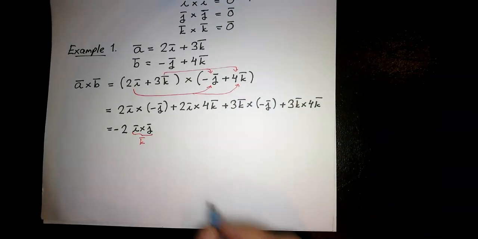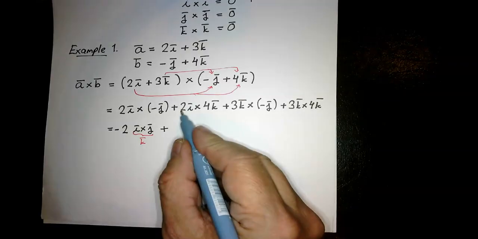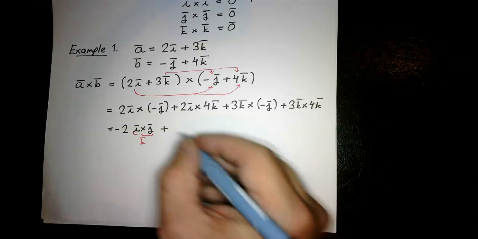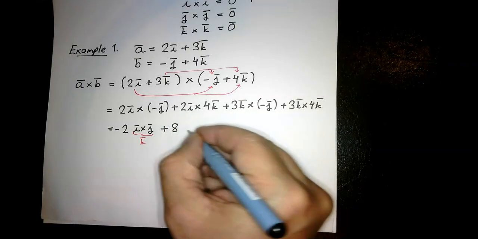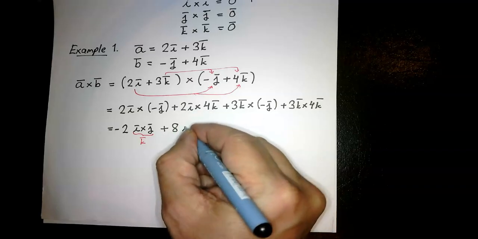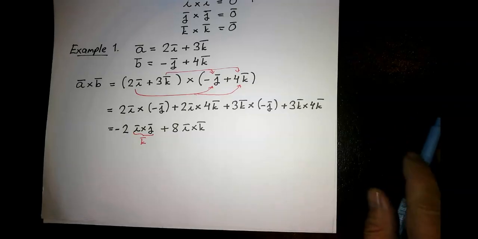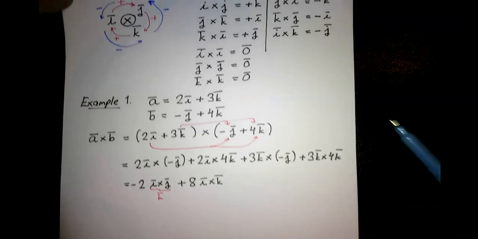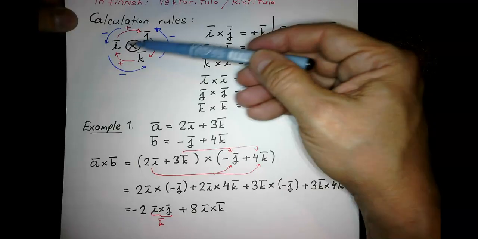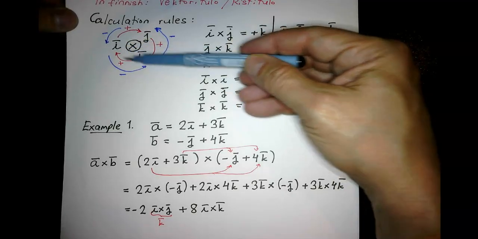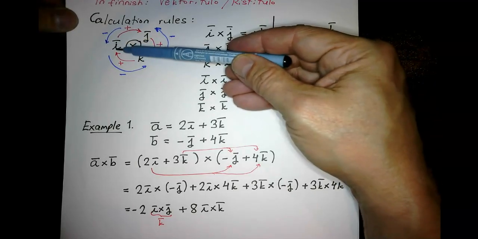And then the next one, there is 2 and 4. 2 times 4 equals 8. And then there are i cross k. And from that figure, I can see i and then k in this order. i, k.